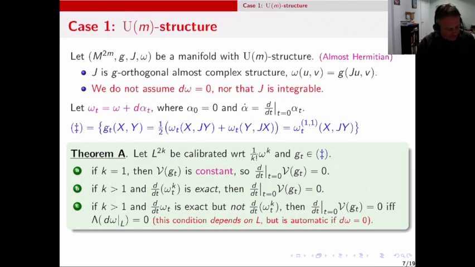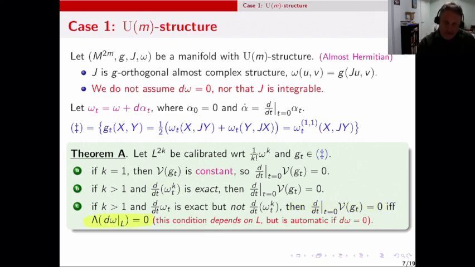And in the third case, again, if k is 1, certainly we're assuming that omega t has an exact time derivative, because that's the blanket assumption here. But suppose that it's not true that the kth power of omega t has an exact time derivative. But we can still say that we have a critical point for our volume functional if and only if this condition holds.